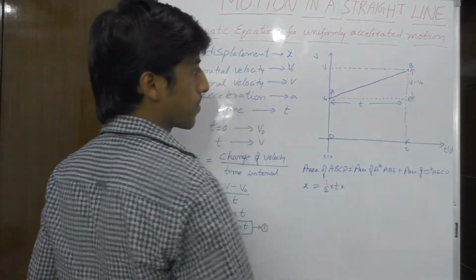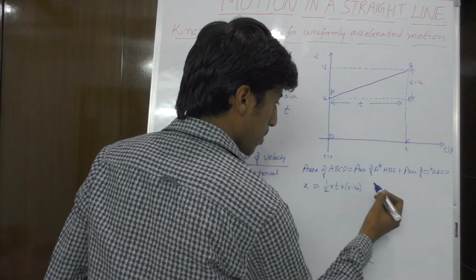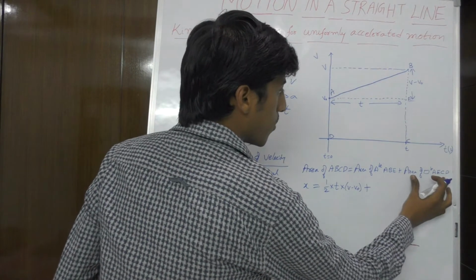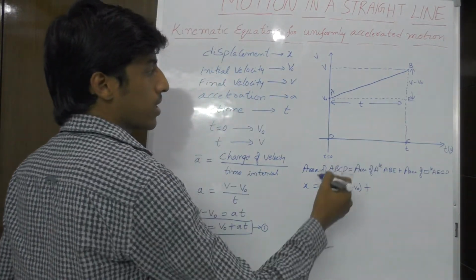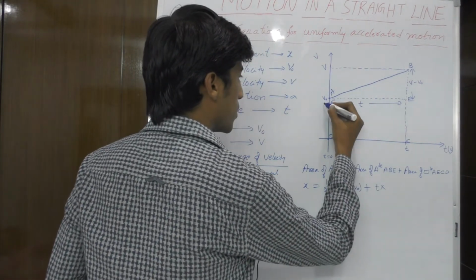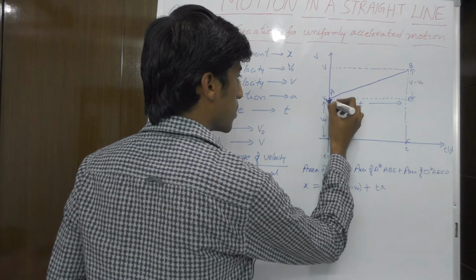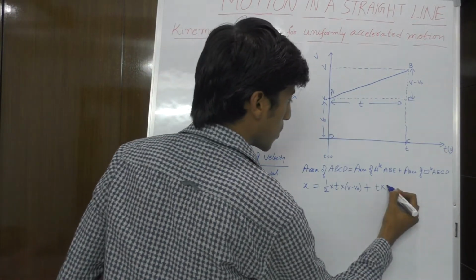So height is v minus v naught, plus the area of the rectangle, length into breadth. Length is t and breadth is v naught.